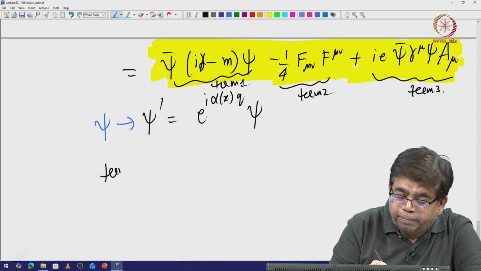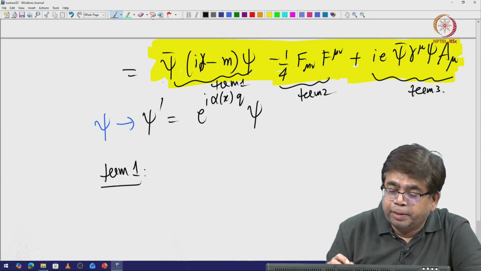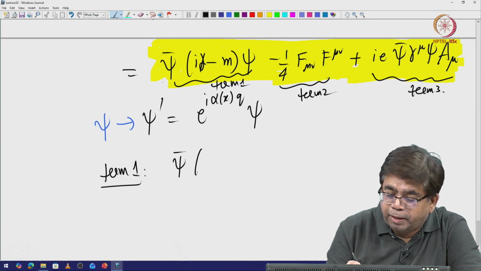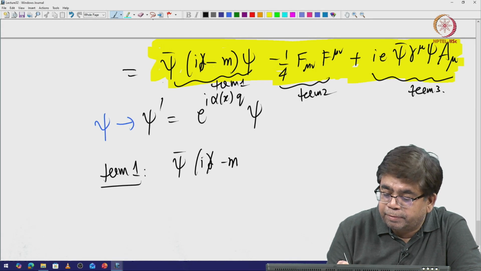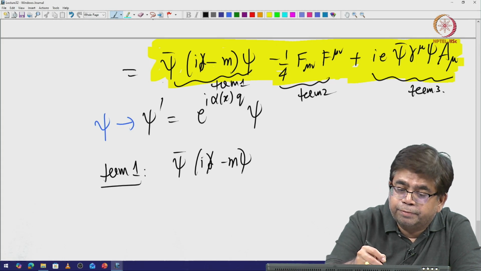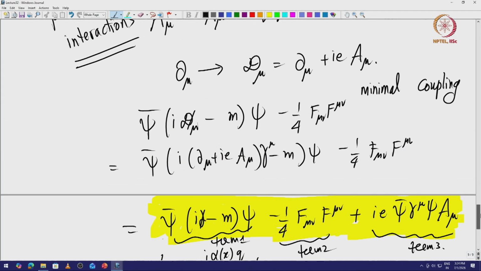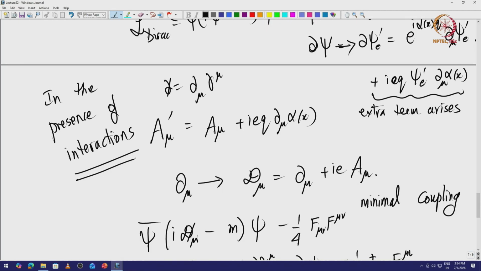So, term 1 gives me the term psi bar i del slash minus m psi prime. So, it gives me the same thing, plus there is this term which comes with term 1.